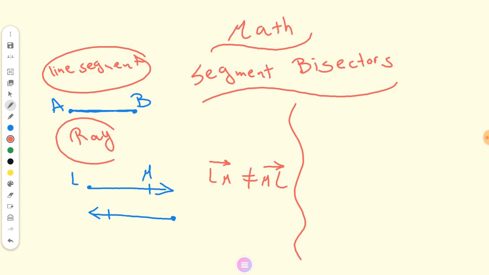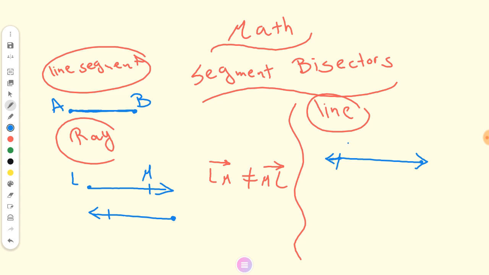We talked about the line segment and the ray. Number 3, the straight line, or I can say just line. What's the meaning of line? This is a line segment, which has a starting point and an ending point. If I make it like this, it's a ray. But if I make it like this, this is called a line. What is the difference between the line segment and the line? The line has no starting point and no ending point.